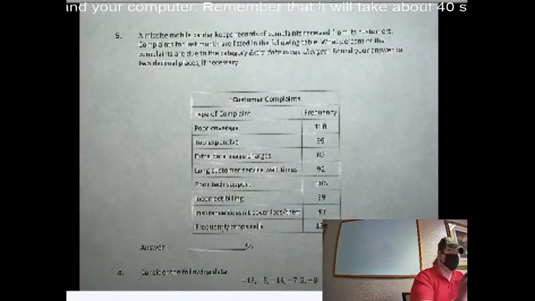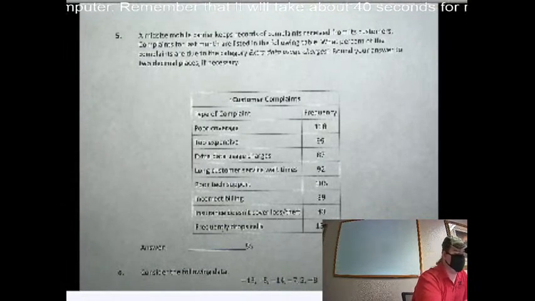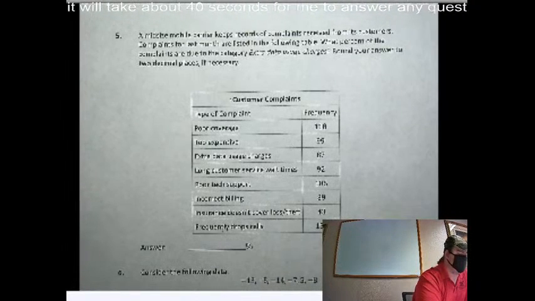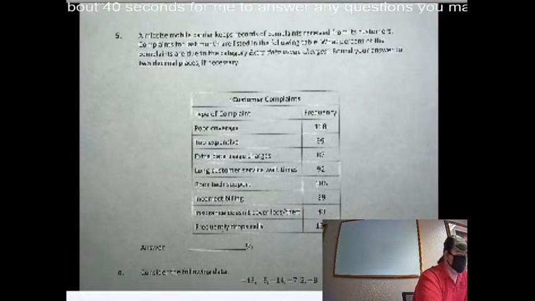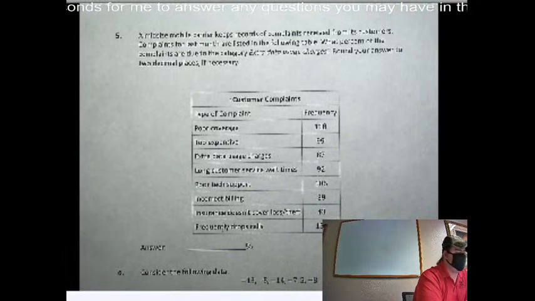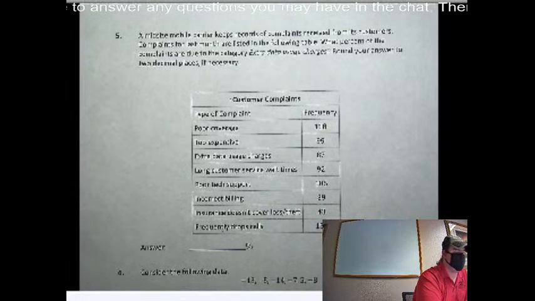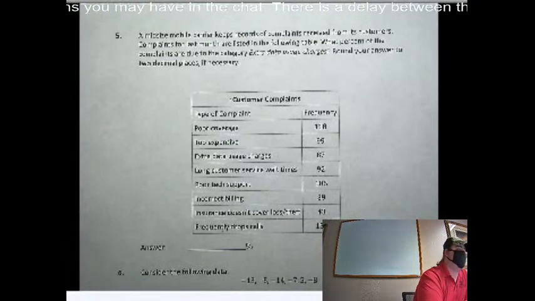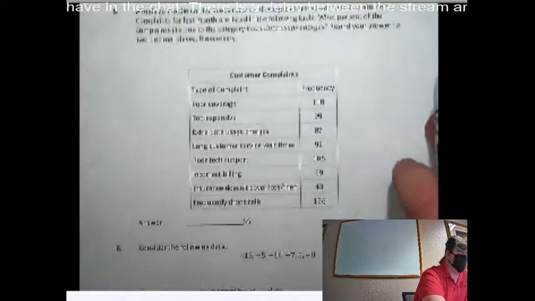A mid-sized mobile carrier keeps records of complaints received from its customers. Complaints for last month are listed in the following table. What percent of the complaints are due to the category extra data usage charges? And round your answer to 2 decimal places if necessary. Okay, so first of all, we need to find that category. It's right here.